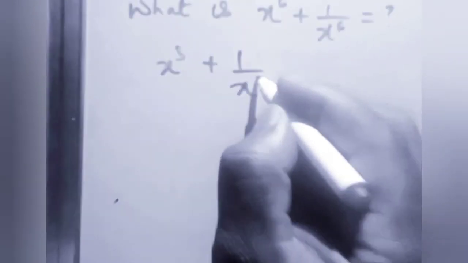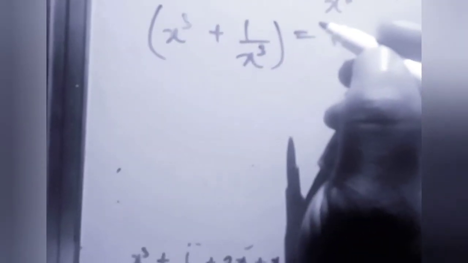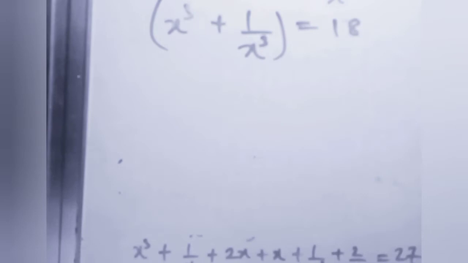Just clean this off, and then we have this, the point we arrive at. We arrive at x raised to power 3 plus 1 over x raised to power 3 equals 18. So we are going to square both sides. By the time we square both sides, we will get our answer.